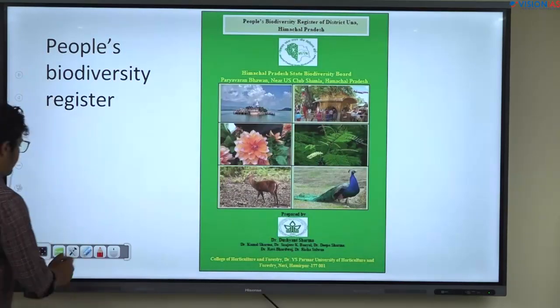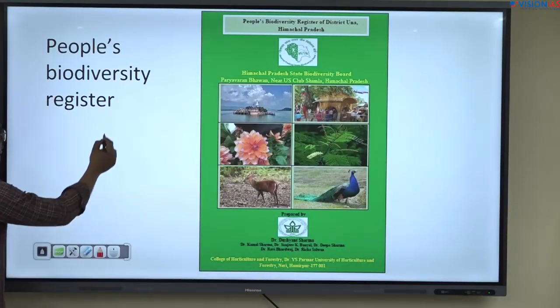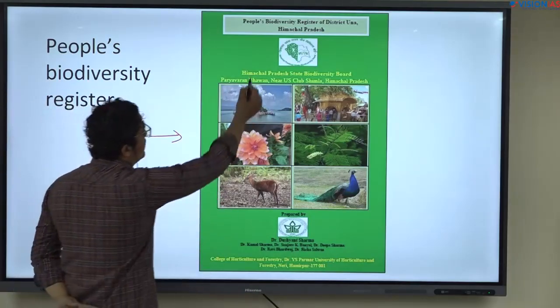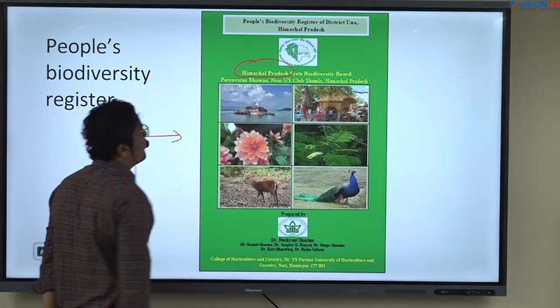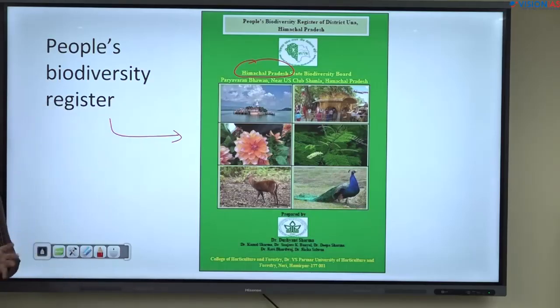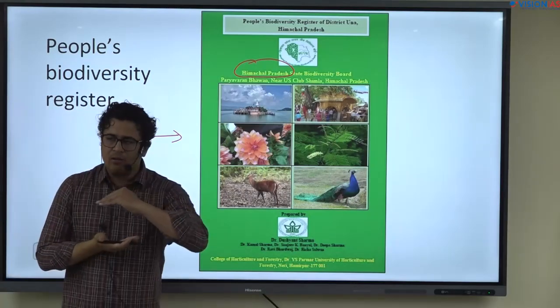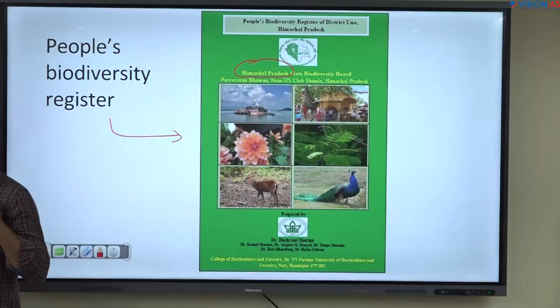Look at this image. This is a People's Biodiversity Register. A BMC of Himachal Pradesh has made this. So this is a government document, and it is a very big, very bulky document. What is this register?